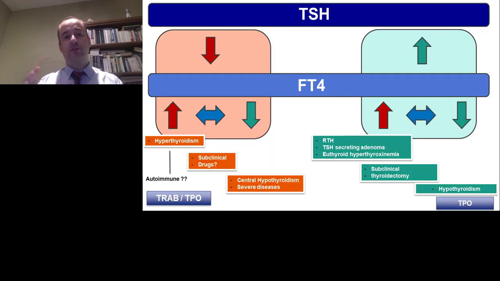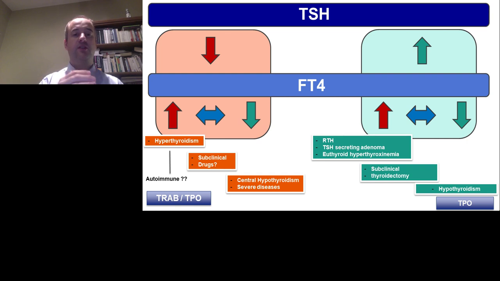The most important test that we are using is the TSH, the number one in the decision algorithm, thyroid stimulating hormone. If the TSH is high, that means the pituitary is trying to respond to low levels of hormones, as in hypothyroidism.